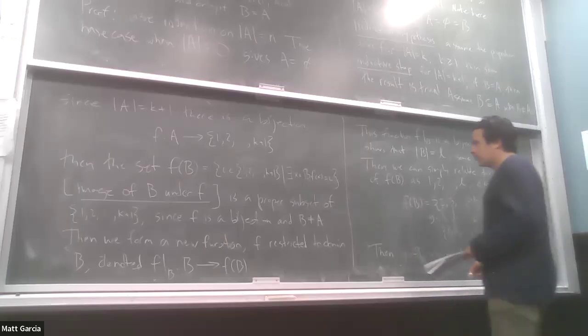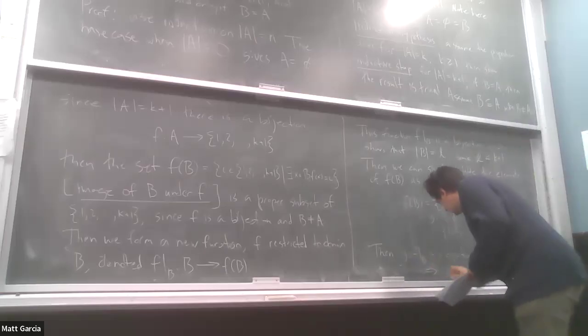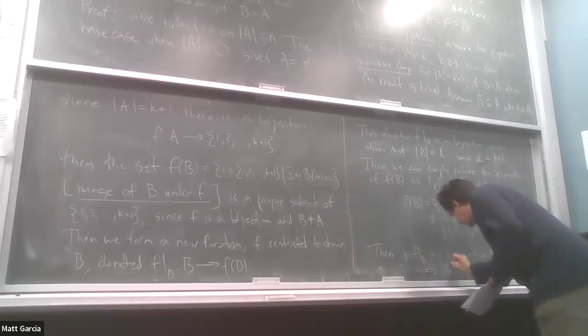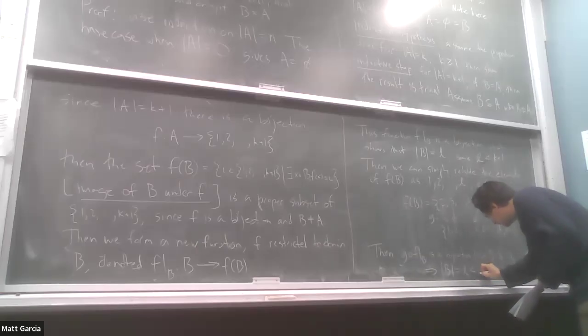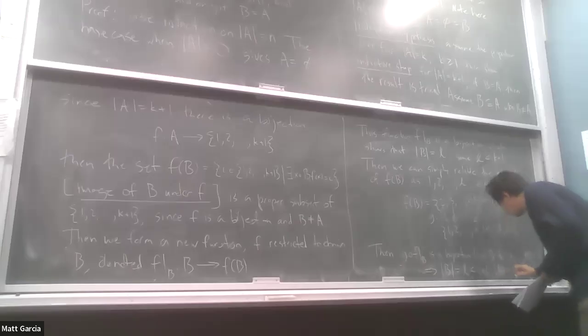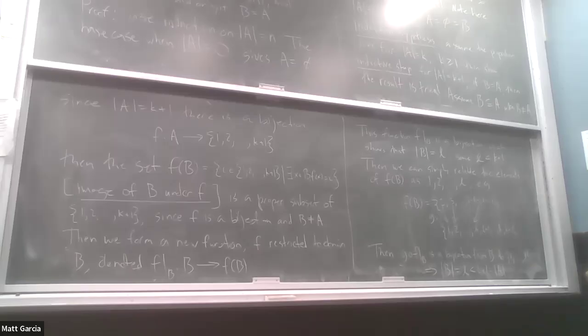Which tells us that the cardinality of B is equal to L, which is strictly less than k plus 1, the cardinality of A, which is what we wanted to show.